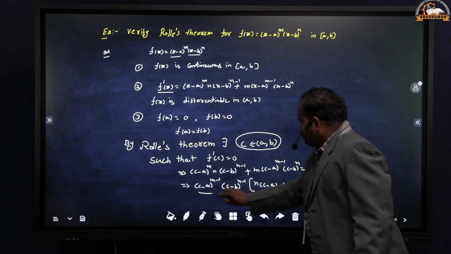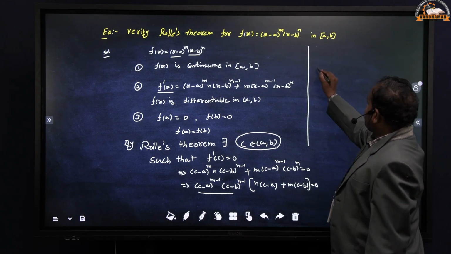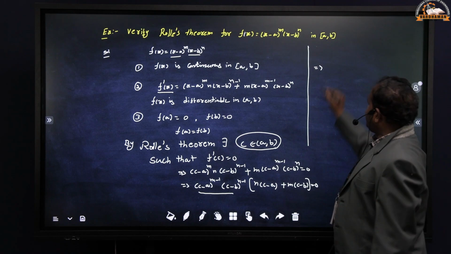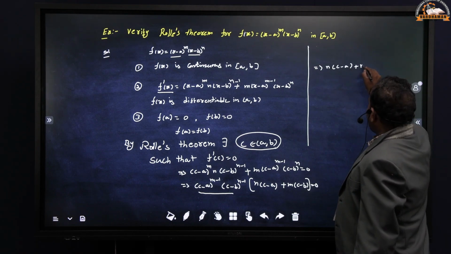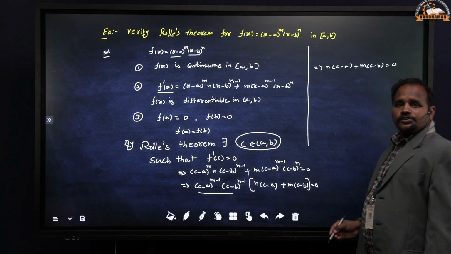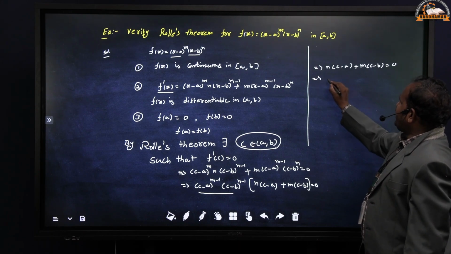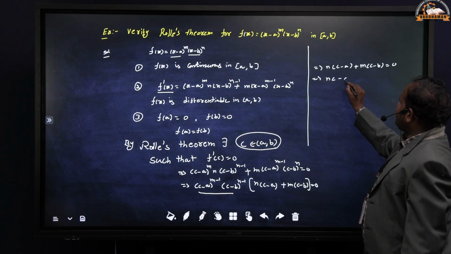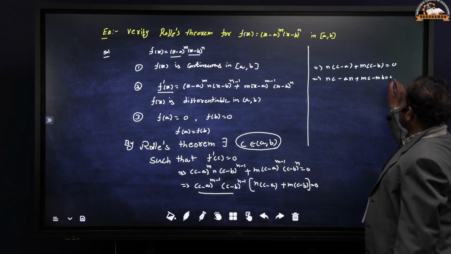Now bring this term into the right hand side. 0 by anything becomes 0. That implies the remaining one is n into (c minus a) plus m into (c minus b) is equal to 0. This implies multiply n inside: nc minus na plus mc minus mb is equal to 0.